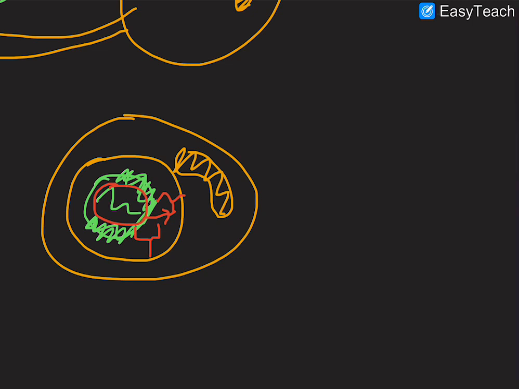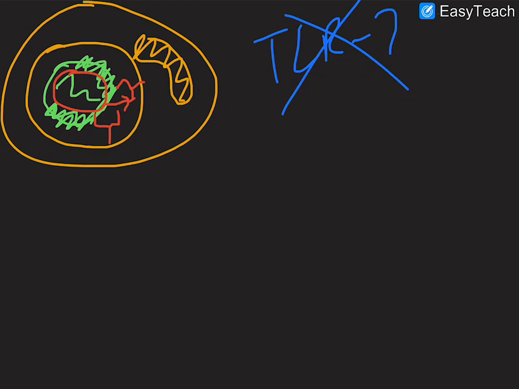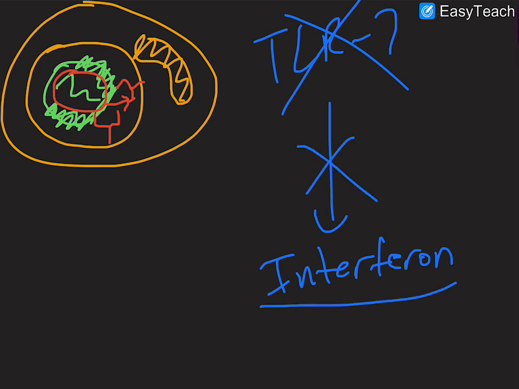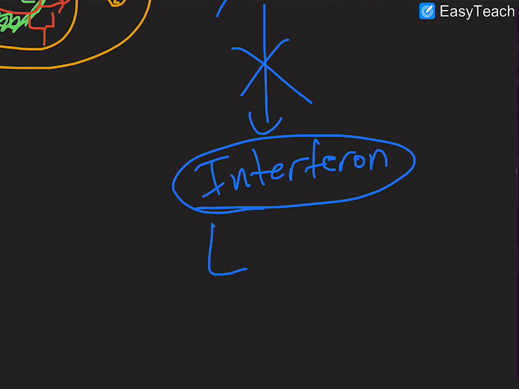Now, people who have toll-like receptor 7 mutations: if you had a toll-like receptor 7 mutation, then that means toll-like receptor 7 wouldn't work properly, which means you wouldn't be able to secrete proper amounts of interferon. And if you can't secrete proper amounts of interferon, then you can't have a proper antiviral state.